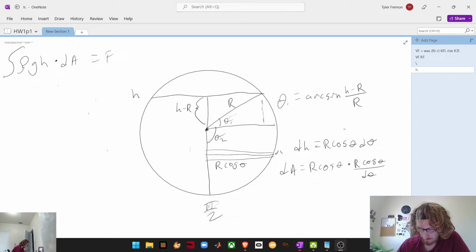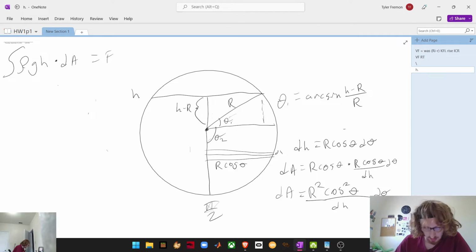Sorry, I got tripped up there. This is just going to be r cosine theta d theta over dH. So we can rewrite dA as being equal to r squared cosine squared theta over dH, and then d theta.